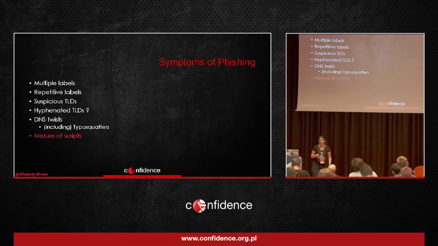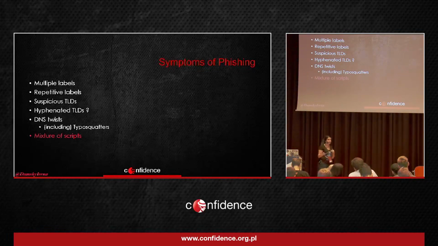So basically, in most cases you use only one language when you type in a domain name, so it will be Latin letters, or you can use IDN domains, so you can use Japanese, Chinese, Arabic, whatever. A lot of times you see eBay with an accent on an E. That shouldn't happen. That is already a sign that this domain might be malicious.